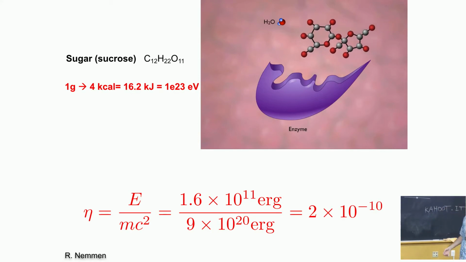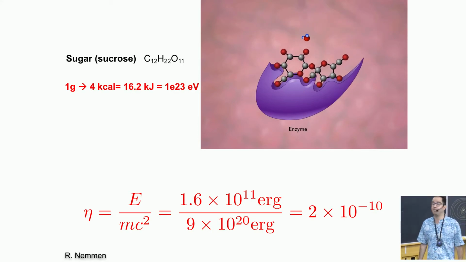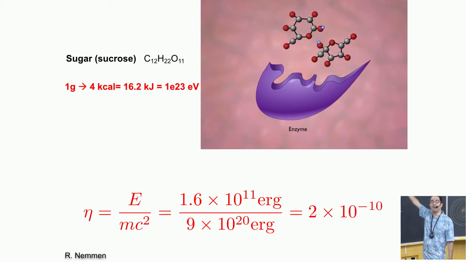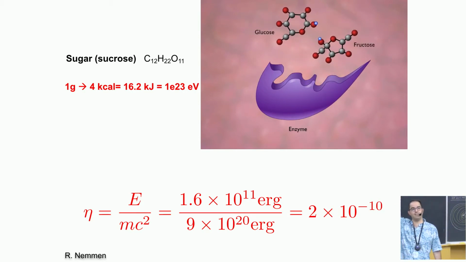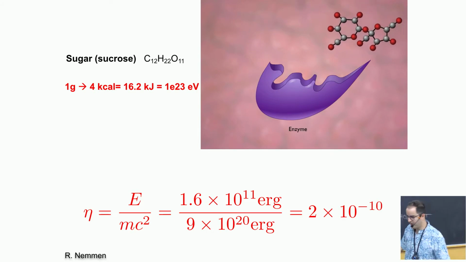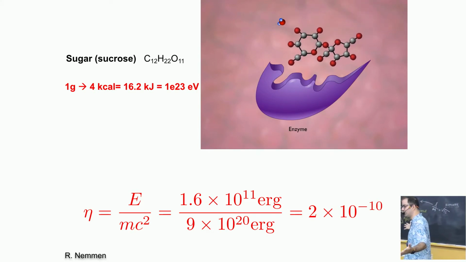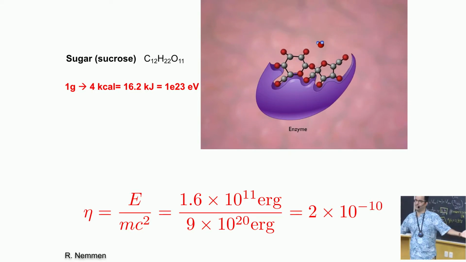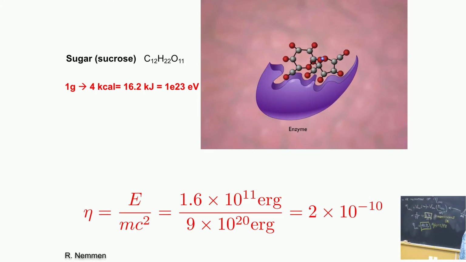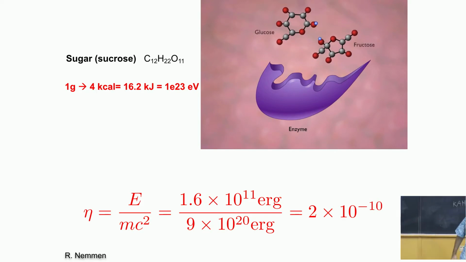How much energy can you extract from 1 gram of sugar? The efficiency of this process is 10 to the minus 11, okay? So it's a very inefficient process. Our evolved biology after 14 billion years, nature evolved a highly inefficient engine of extracting chemical energy from sugar.